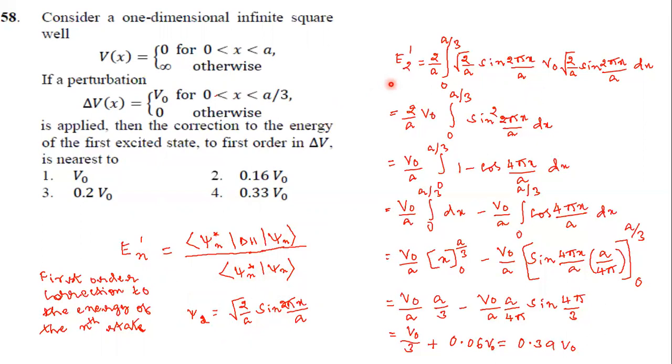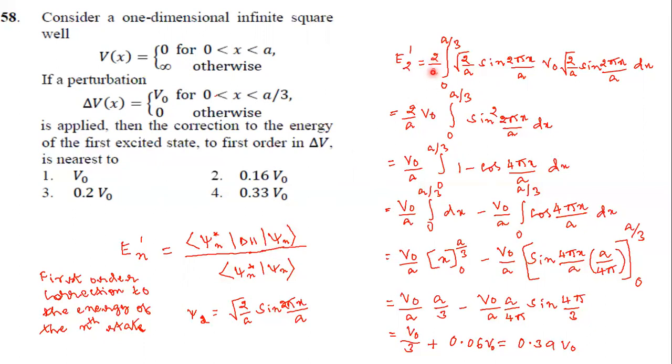So when it is taken to the integration form, the first order correction to the first excited state, E2 here, is equal to root 2 by a sine 2 pi x. Now this is taken to integration form.